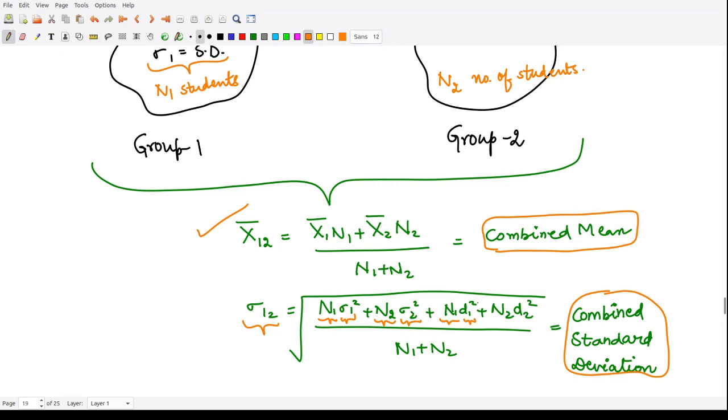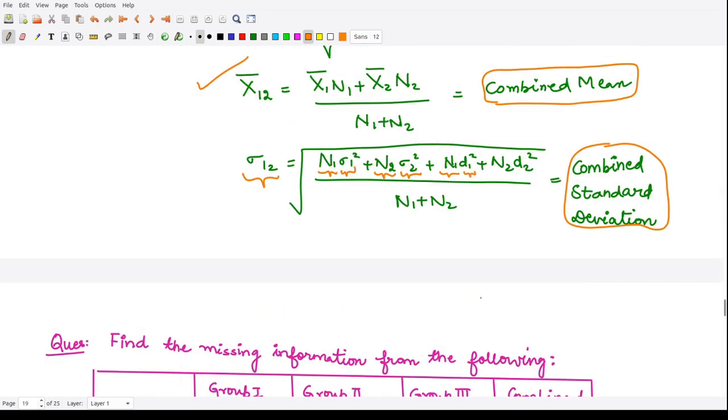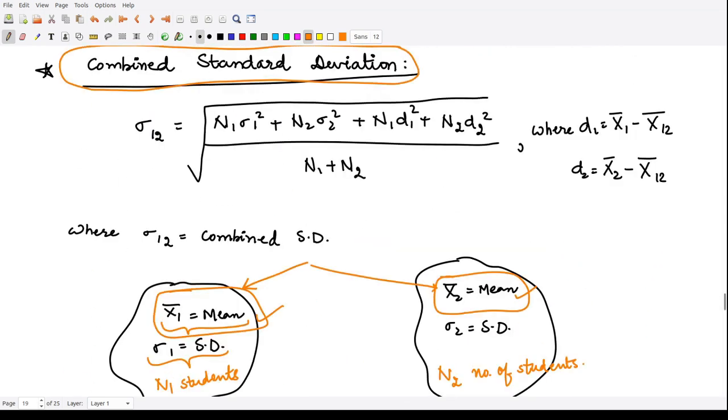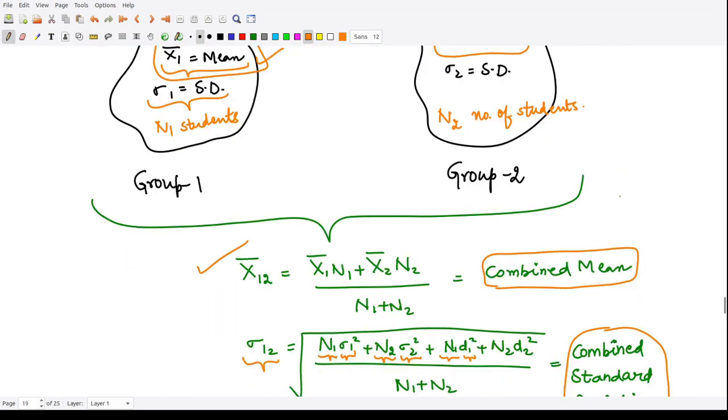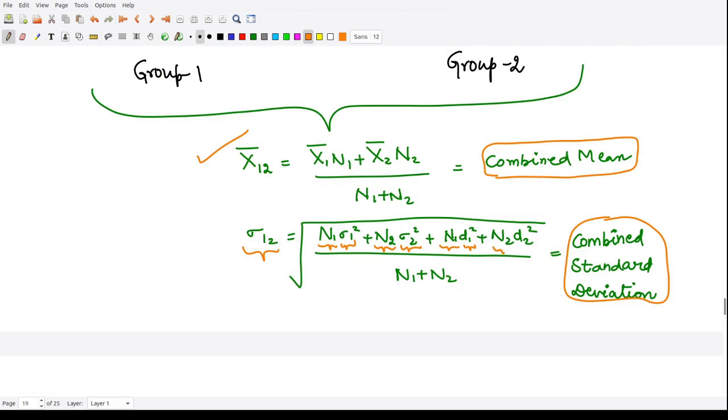Now what is this d1? d1 is the deviation of the mean from this combined mean. So in this first case, for the first group, this deviation is calculated from the mean of the first group, and this deviation is calculated from the mean of the second group. Okay, so accordingly we have n2 d2 whole square, all divided by n1 plus n2. So this is the formula.